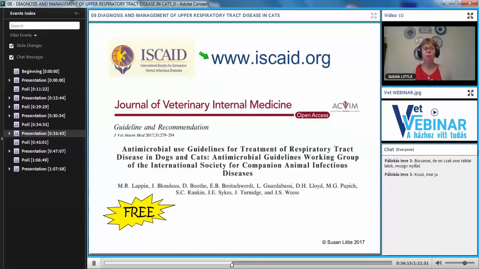They are publishing guidelines for treatment of different clinical scenarios. They have urinary tract guidelines, for example. And just earlier this year, they published their antimicrobial use guidelines for respiratory tract disease, upper and lower respiratory tract disease in both dogs and cats.